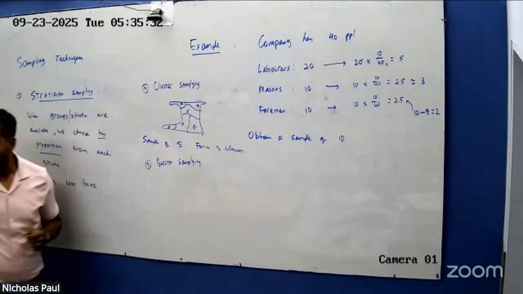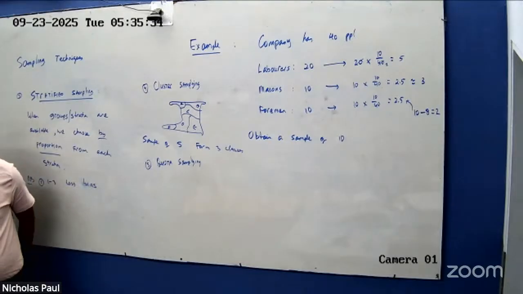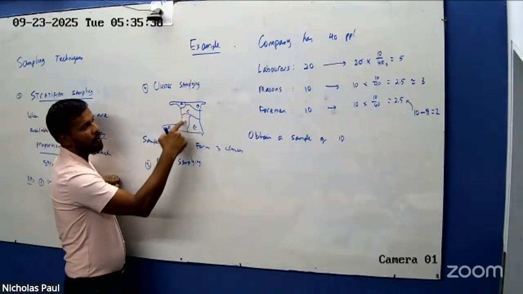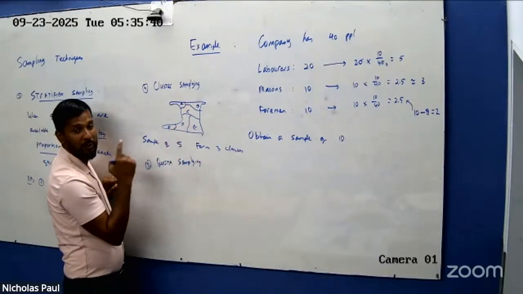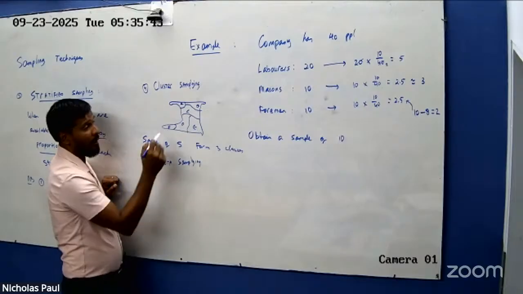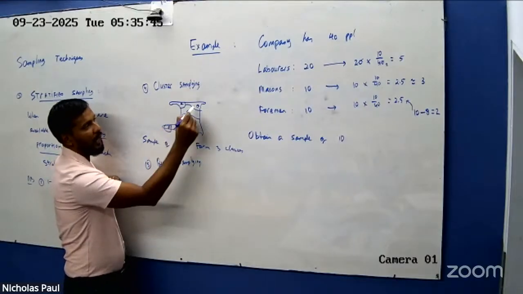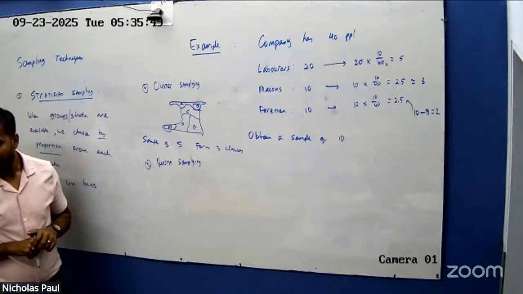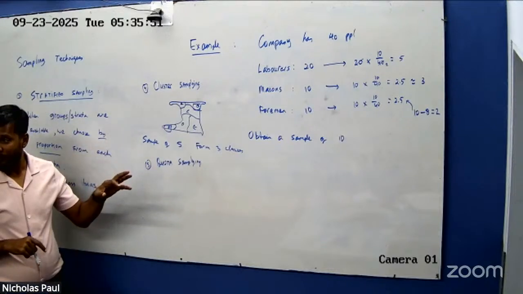So here's how we can obtain these 5 classes. We could probably do 2 counties. Let's say we pick county F and county B, right? Then within the counties, we have schools.